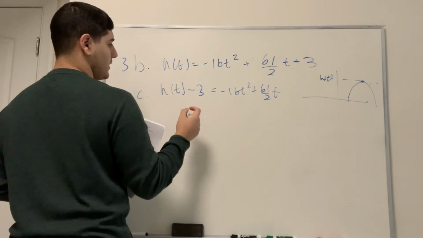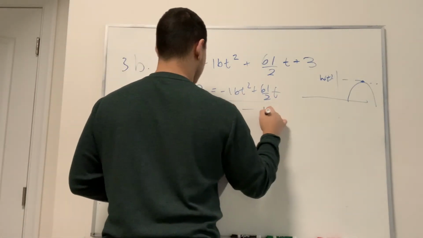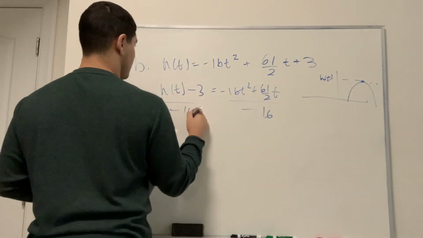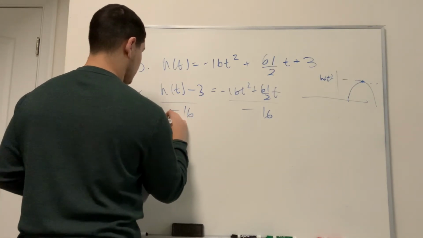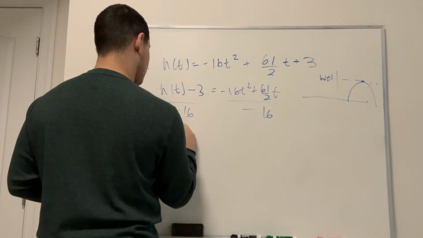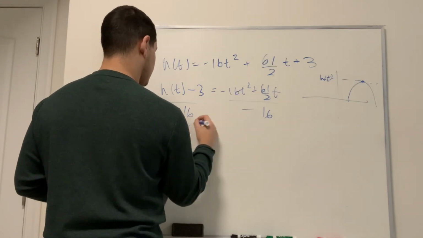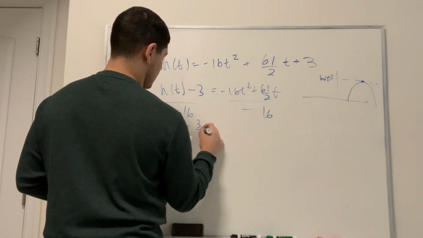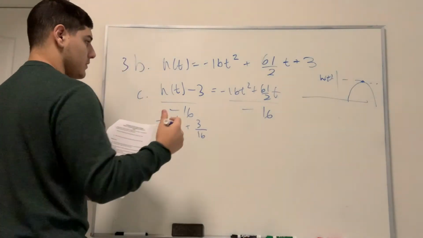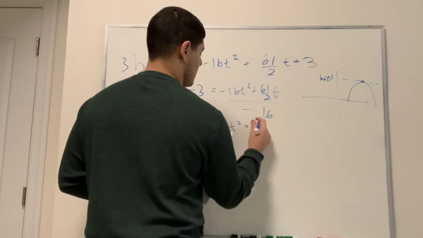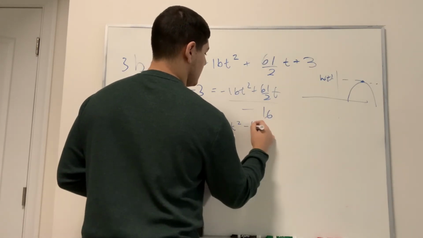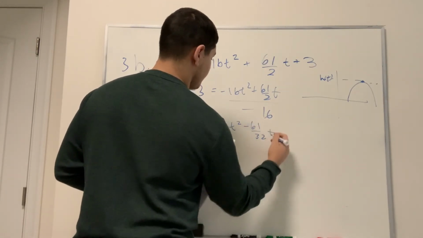First I have to divide everything by negative 16 to use vertex form, which is negative h of t over 16 plus 3 over 16 equals t squared minus 61 over 32 t.